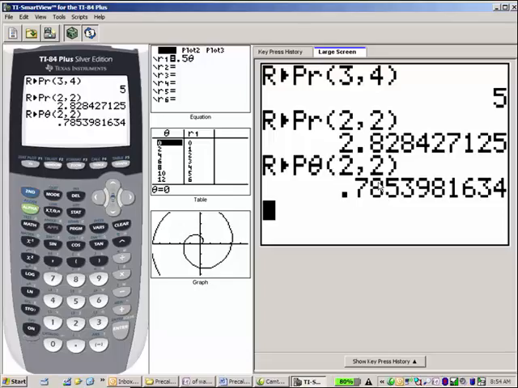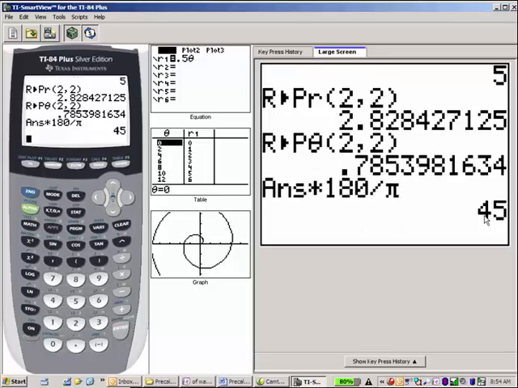What do you think that is in degrees? Let's see. Times 180 divided by pi. Hey, 45 degrees.